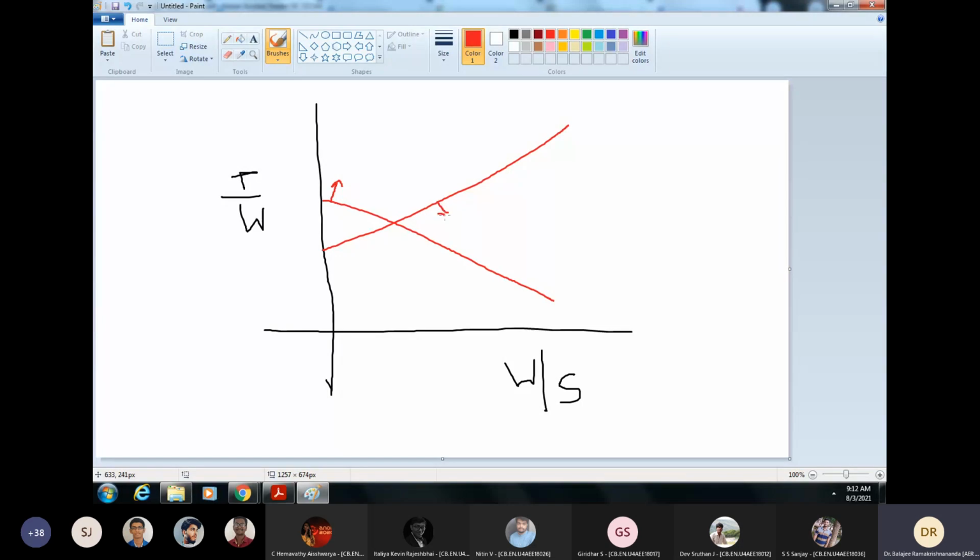I'm not being very accurate here. I'm just giving you some idea. So I'll just mark off the region that is not feasible. This is not feasible because of, say, takeoff. Then this is not feasible because of, say, climb.